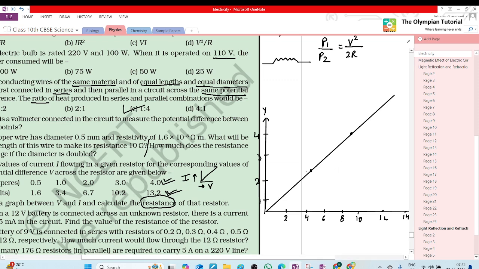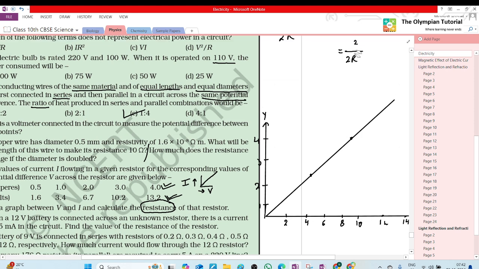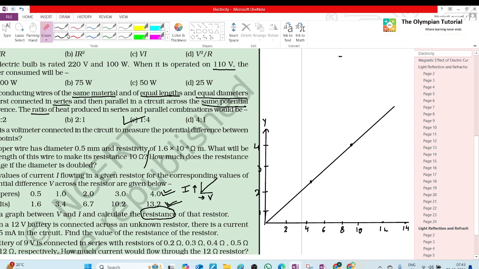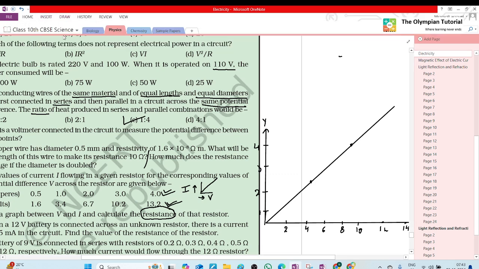Sorry, slope is given by the voltage. One second, I am getting confused while telling. I will write the line which I am telling. You have to write: the slope of the line gives the resistance of that resistor, because V upon I is the resistance. So write down, the slope of the line gives the value of resistance.